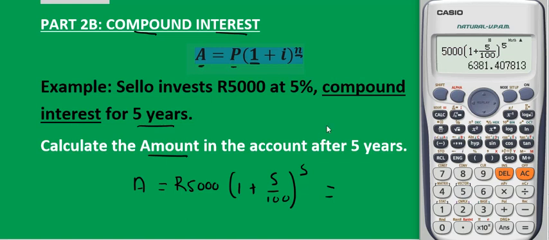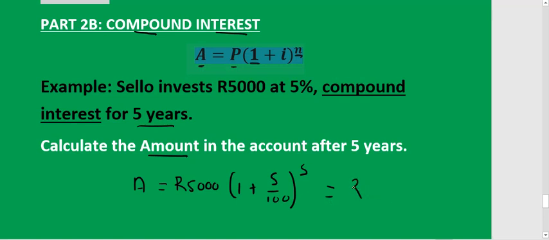So that means Silo will now have 6,381 and 41 cents, since this is money, so we round it off to 2 decimal places. Remember that money must always be rounded off to 2 decimal places. All right, so that's how you would calculate compound interest.